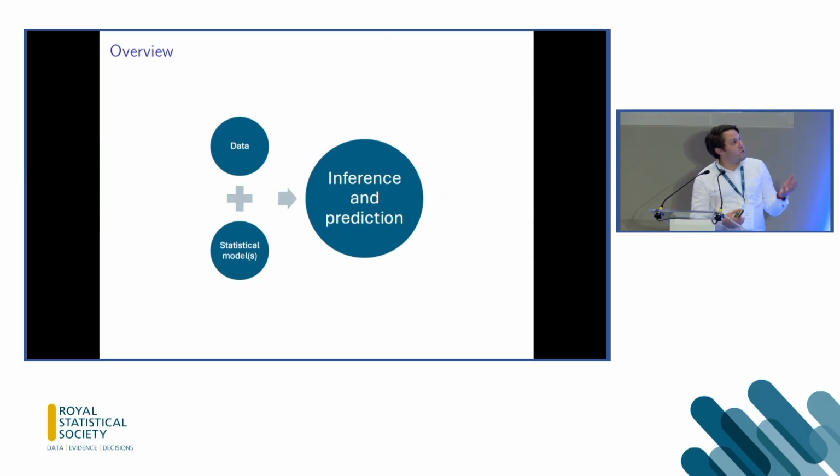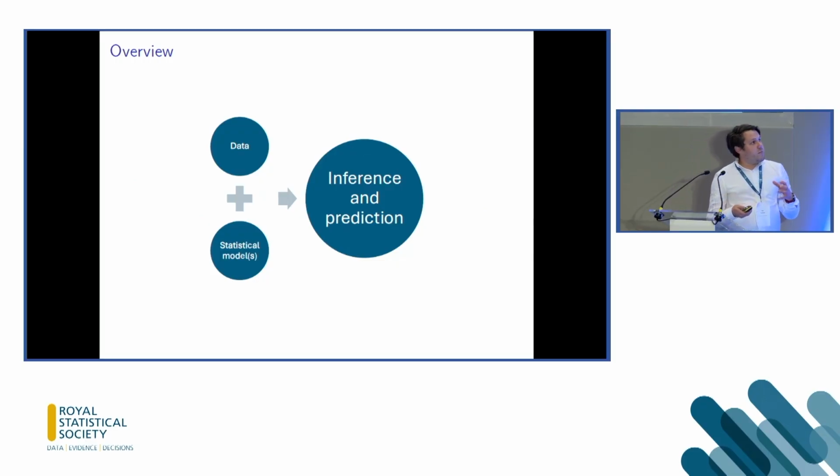To motivate this, I really thought about what our job is often as a statistician. We often think about combining data with some sort of statistical model to perform inference and prediction. And I think this is particularly important for citizen science data because the way that we combine the data with the statistical model is particularly important when we have, as has already been mentioned, some of these very complex sampling and observational processes that we see.